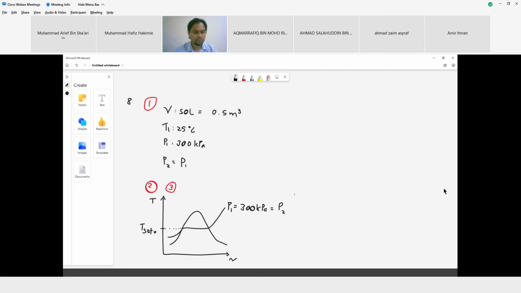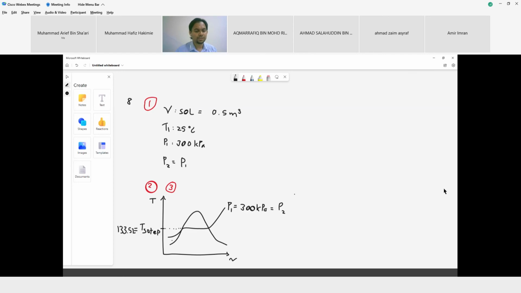At the given pressure, look at the pressure table, table A5. At 300 kilopascal, the saturation temperature is 133.5.